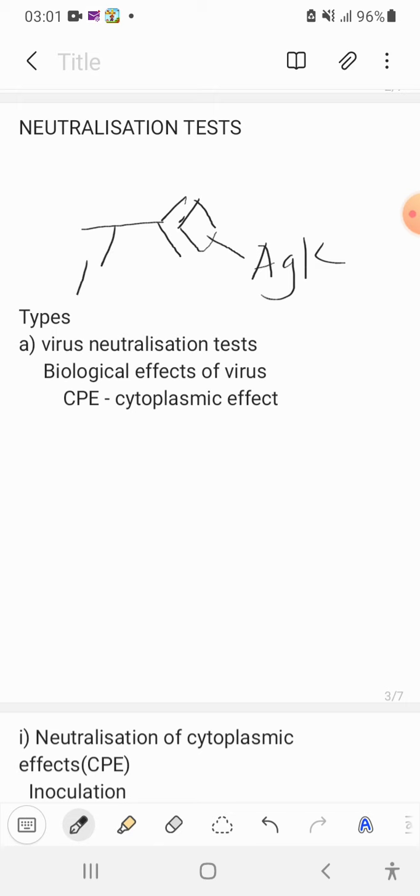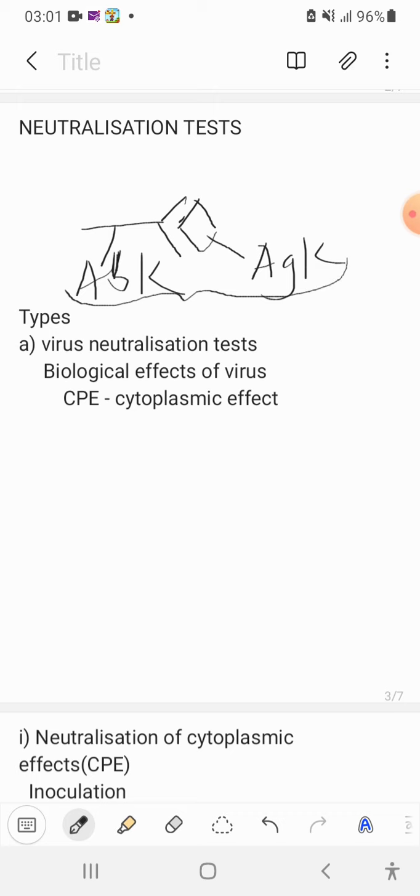now we have antibody K, actually a specific antibody K, to form a complex. That is the antigen-antibody complex.